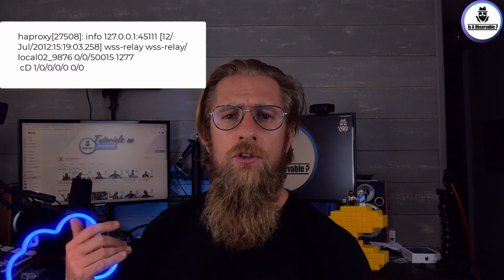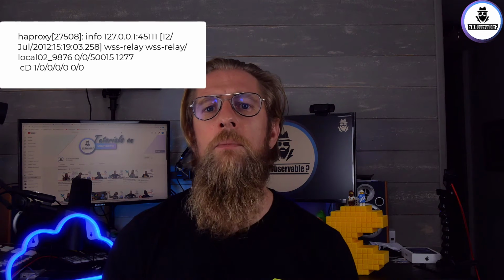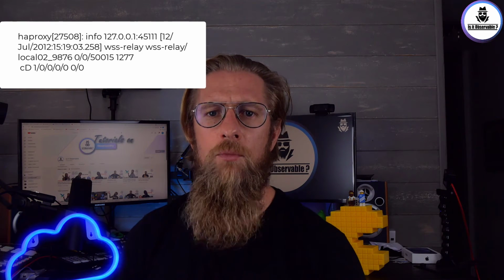So let's see how we can parse the HAProxy logs. The logs of HAProxy usually look like this. There is a lot of information. You can see we can recognize some dates, some process IDs, and more.